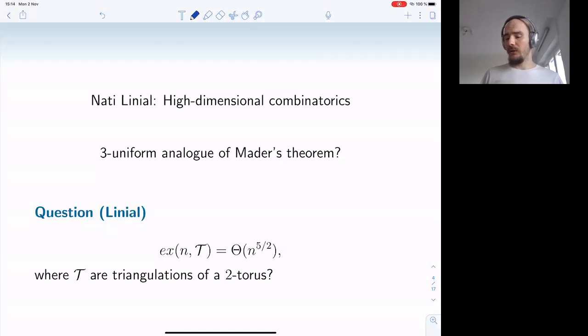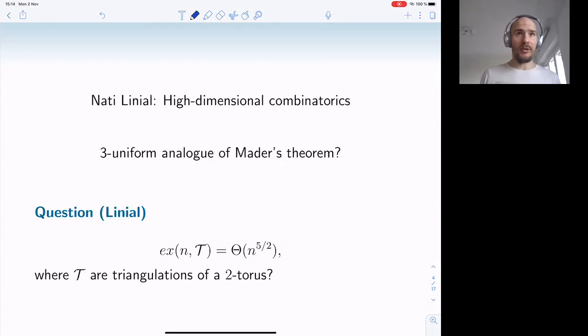A particular question that Nati Linial was reiterating is this: find the extremal number of the torus.